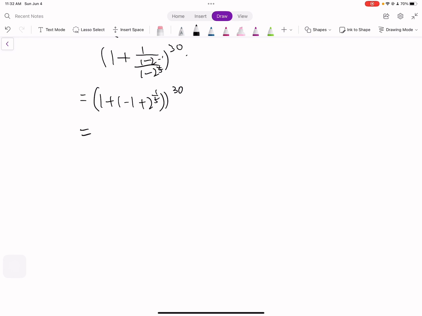So this equals 1 plus -1, which is just 1 minus 1 plus 2 to the power of 1/5 to the power of 30. And we can just basically eliminate 1 and -1. So what's all left is just 2 to the power of 1/5 to the power of 30. And according to the exponential law again, this equals 2 to the power of 6, which is 64, and question solved.